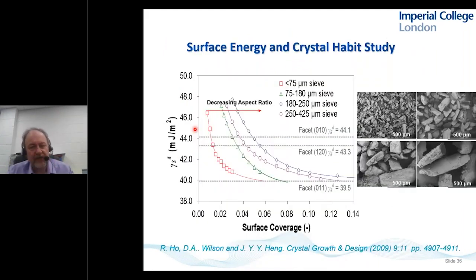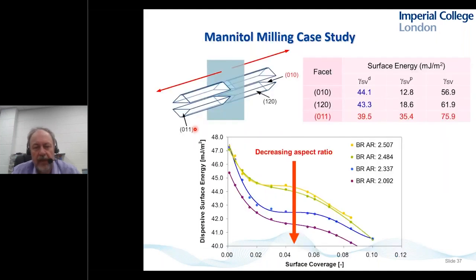We've also looked at the effect of surface energy and crystal habit. These materials were milled, and the average size and, to be precise, the aspect ratio was different, and we can see some relation between the aspect ratio of the materials, the actual habits we've got here, and the surface energy we determine. And here's a bit more data on this, looking at the milling of mannitol. We can see here the different facets of different energies.